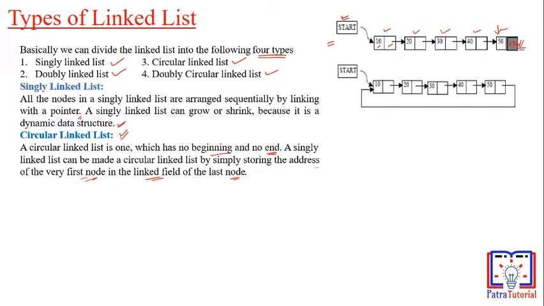Okay, so this is same as this linked list, but the extra thing added here is that the next part of the last node is holding the address of the first node. Suppose this is 200, then 200 will be stored here, so that I can traverse from this node to the first node by using the address of this one.